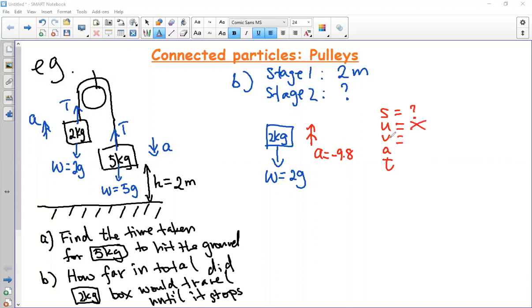Now we do know its final velocity, because that would just be 0, when it has stopped moving upwards. Acceleration is negative 9.8. And we don't know the time.